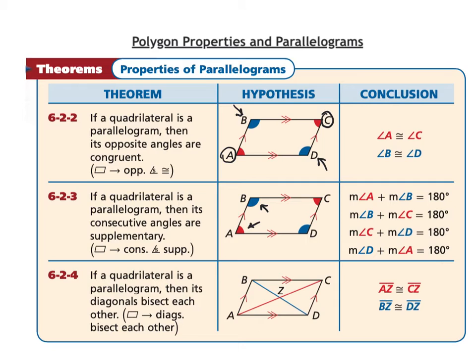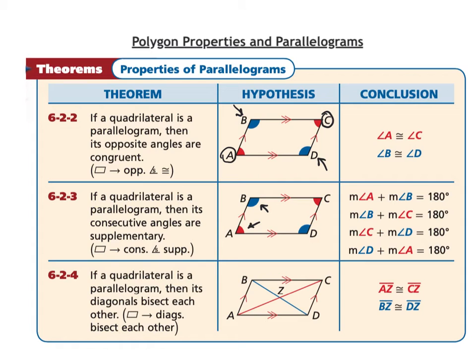But any two consecutive angles, that means next to in order, will always add to 180 because I've got these parallel lines going on both sides of the parallelogram. Any pair of consecutive angles are supplementary because they are same side interior angles. They're on the same side of a transversal and between the parallel lines.